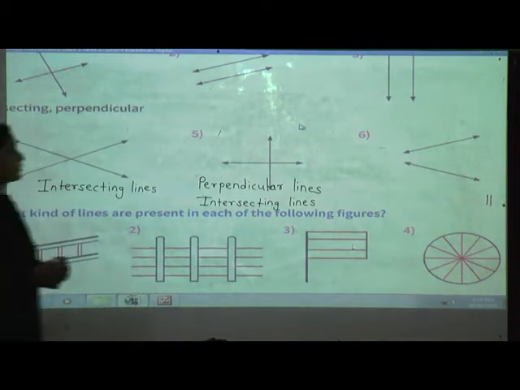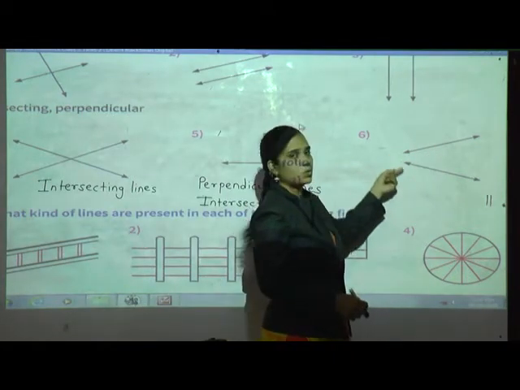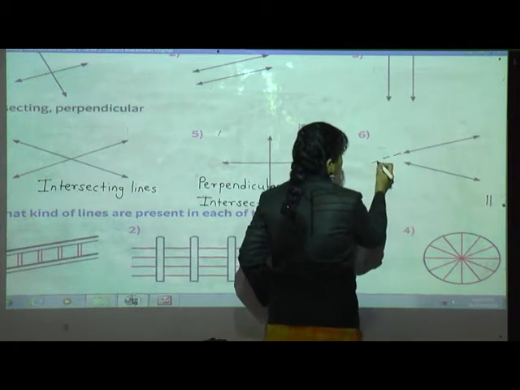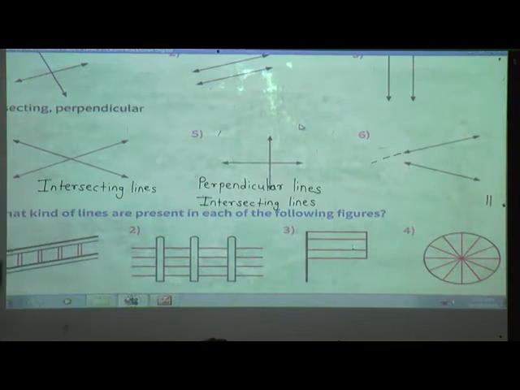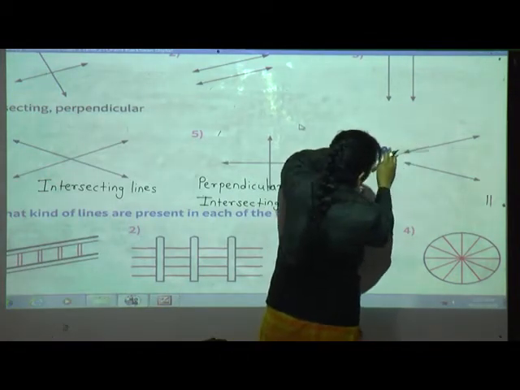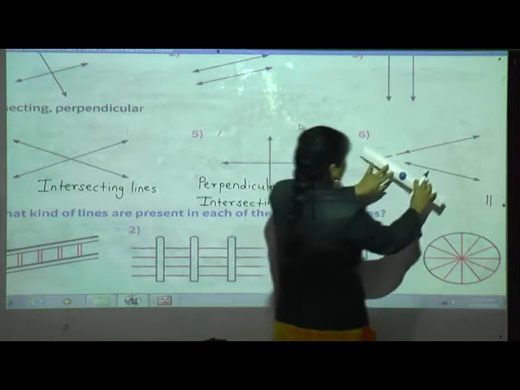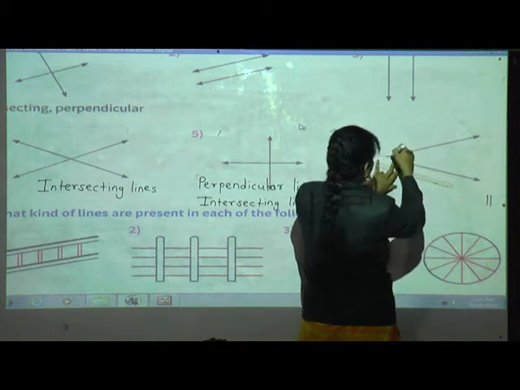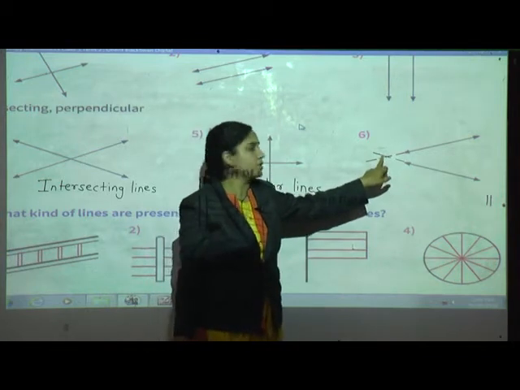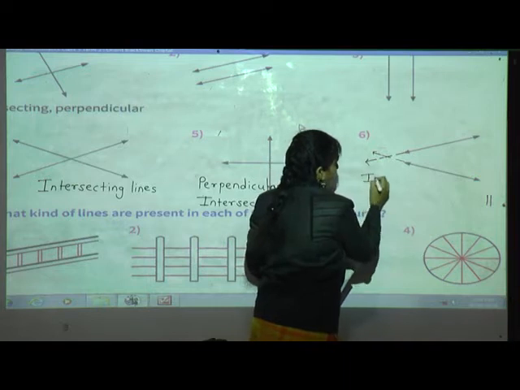Yes students, if we extend these two lines, see, if we extend these two lines here, again this one, they intersect each other, so that's why they are intersecting lines.